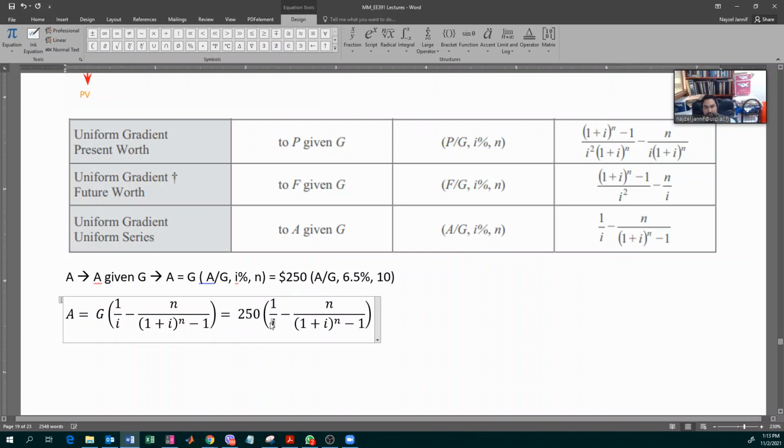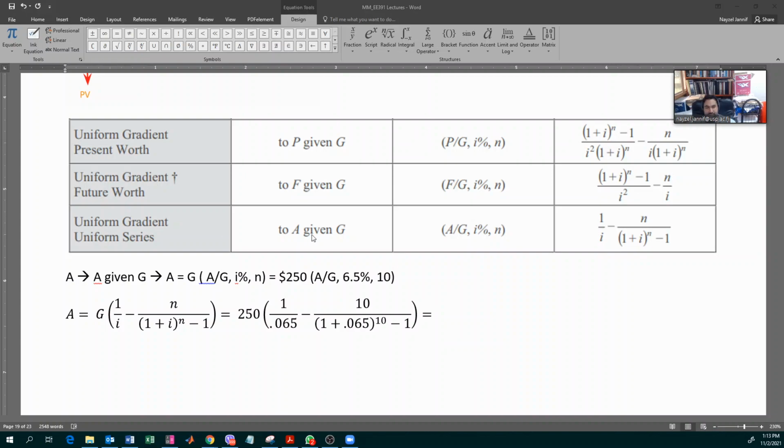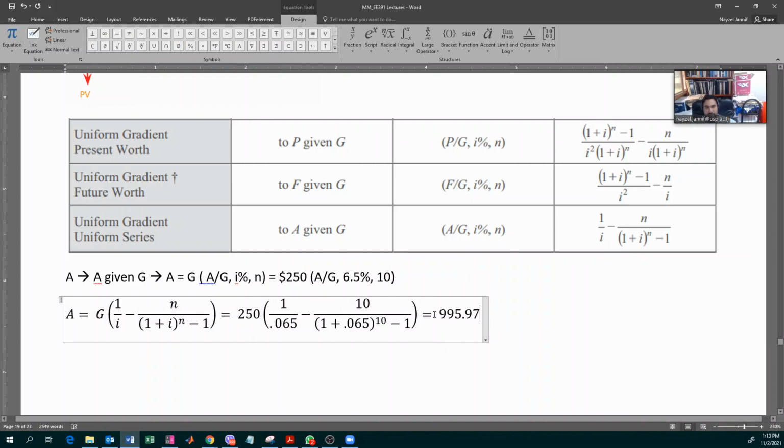Our I is 6.5%. Our N is 10 years. And finally, our answer is 995.97.